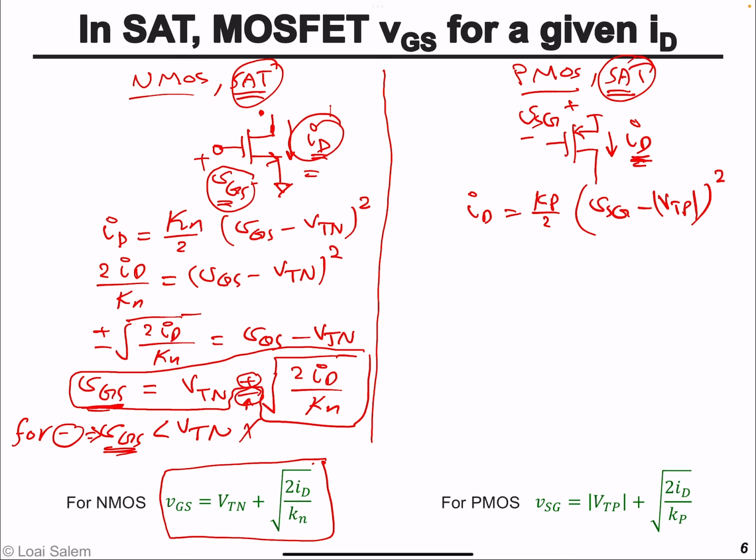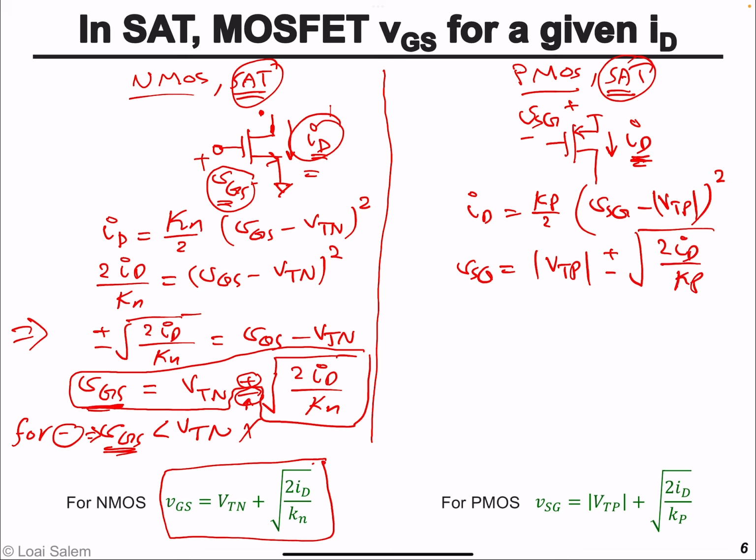If we do the same math, we end up with VSG equal to VTP plus or minus the square root of 2ID divided by Kp.